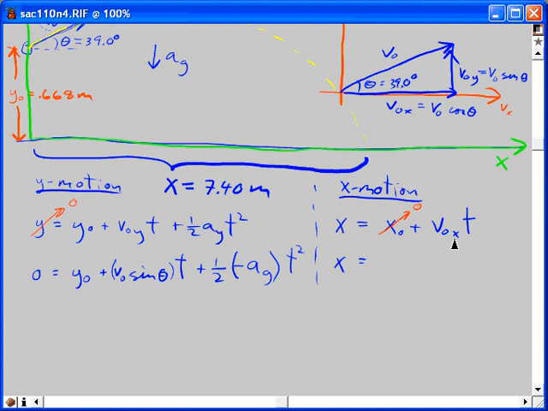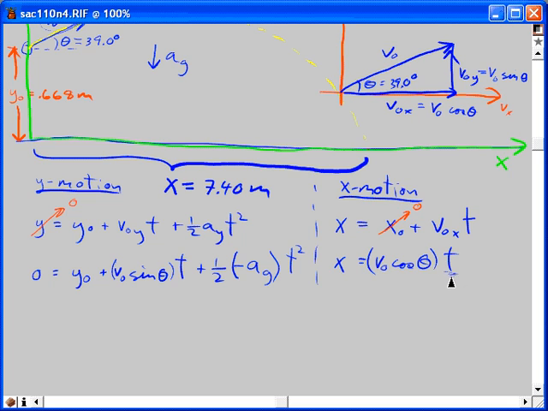x is just equal to, now do the pure substitution, v0 cosine of theta times t. And that's got the same two unknowns, the t and the v0, which the v0 is what I'm looking for.